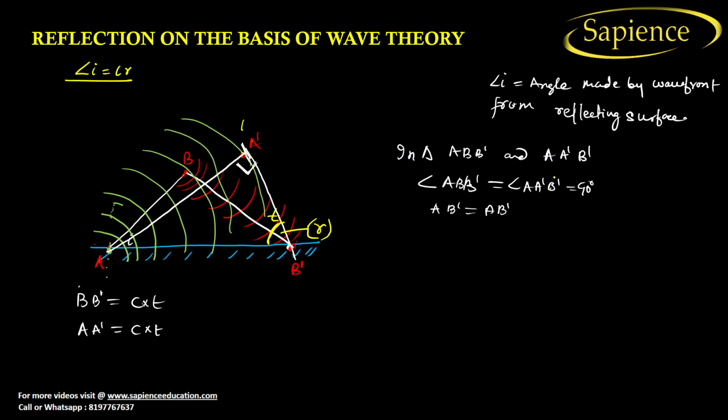So what happens? We find that both our triangles are similar because one angle is 90 degrees, and one side is the same, that is AB dash is equal to B dash. And one more thing is that B dash A is equal to A dash B dash, which is equal to C into time T, right?